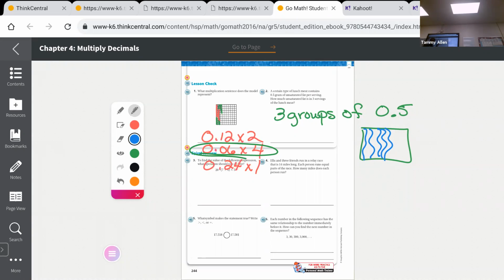So I need 3 of those. I've got 2 of them there, so now I need a whole nother 10 by 10. And I need 5 more sticks, right? So what do I end up with? What's my total? 5.